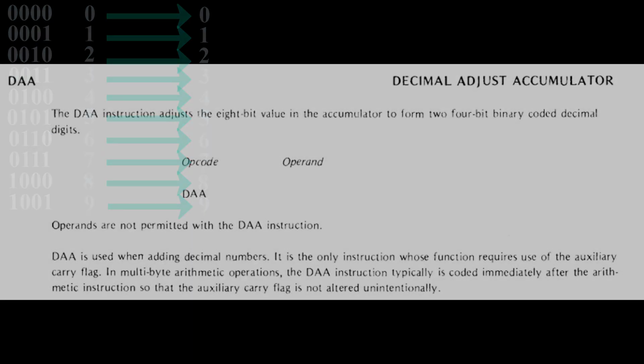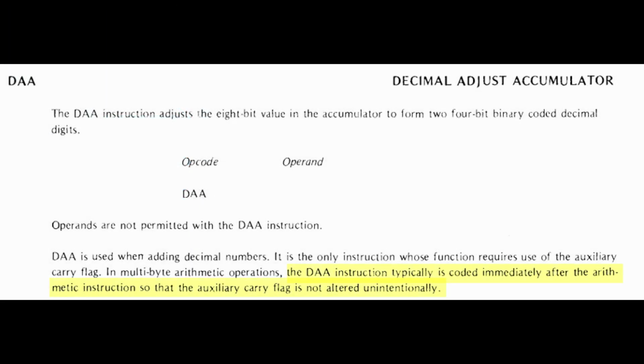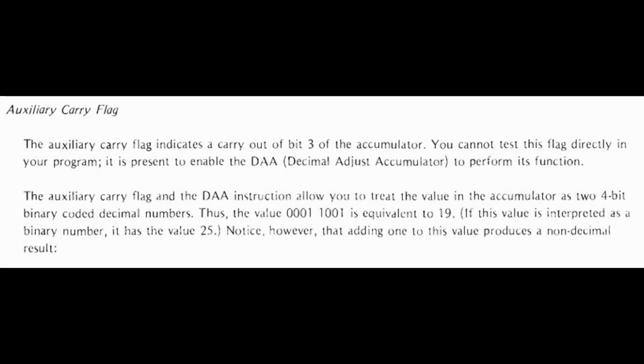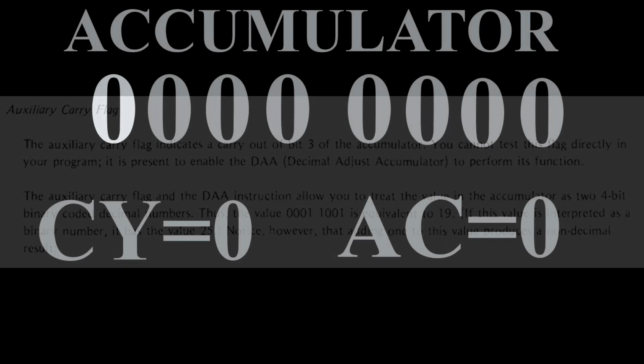The DAA instruction has to immediately follow the add instruction before the processor forgets how it did the addition. Those flags can't be reset. Specifically, it needs to still have the carry flag and the half carry flag, which Intel calls the auxiliary carry. We routinely use the carry flag, but the auxiliary carry flag is only used for the DAA instruction, so many casual programmers don't even know that it exists.